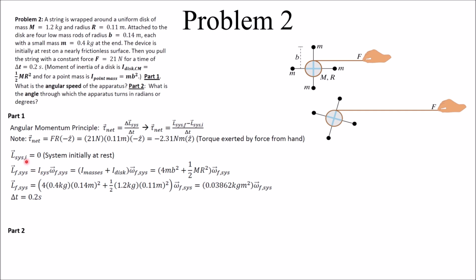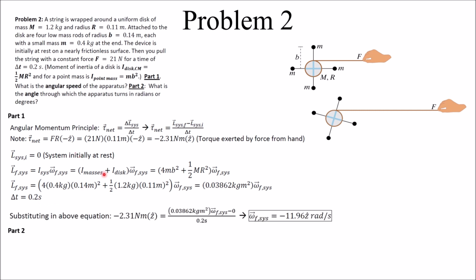Initially the system is at rest, so all we need is the final, which is the moment of inertia of the system times the final angular velocity. The system inertia is the masses plus the disk, so we add those together to get the total system resistance to angular motion. Then we plug in our numbers, and this happens over a time period of 0.2 seconds, and we substitute everything in.